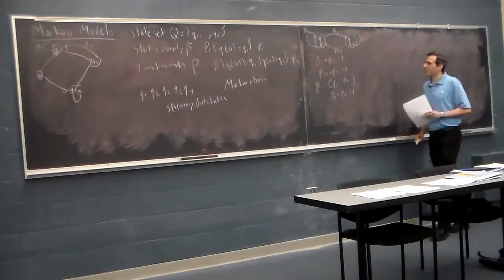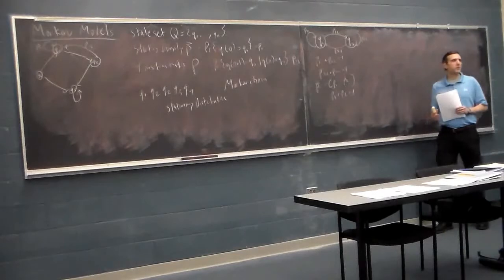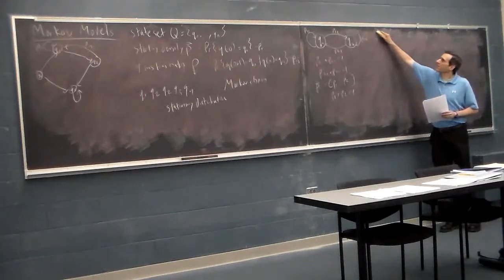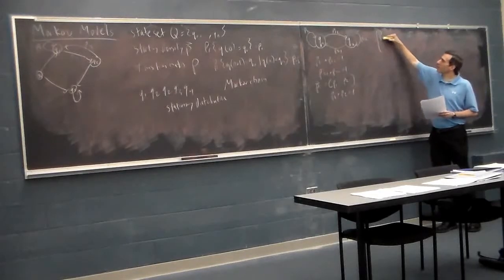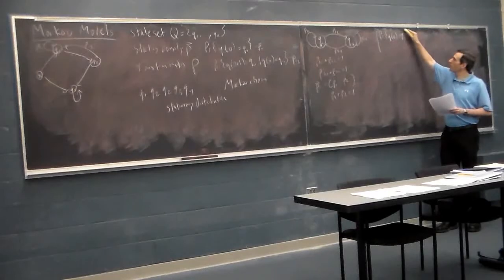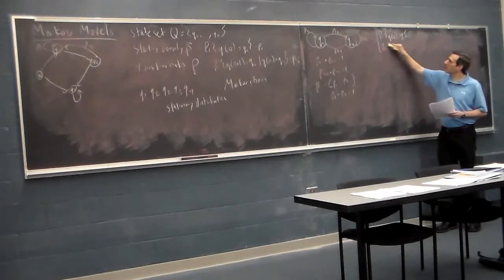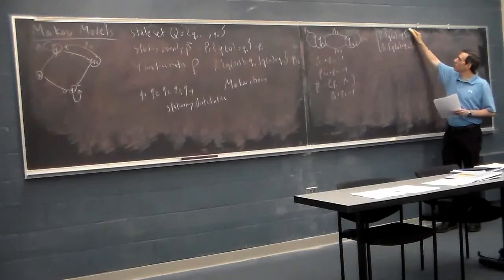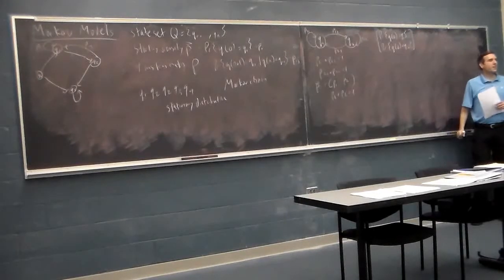Okay, so let's start to look at what happens when we start simulating this model. If we look at the vector of probabilities initially, what is the probability Q of 0 is Q1, and what is the probability Q of 0 is Q2, where Q of 0 is what we mean by the state of the model at step 0.